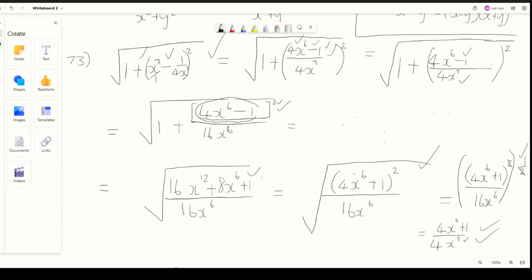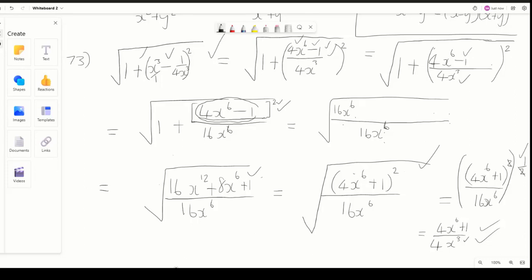So what I first did was the following. I first asked for the lowest common denominator of 1 and 16x to the 6, and I get 16x to the 6, right? Now I say 1 divides in there 16x to the 6 times.